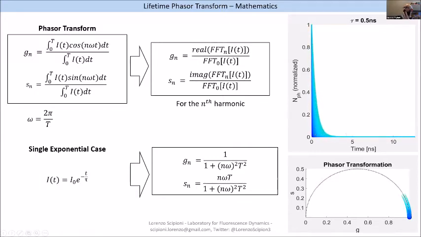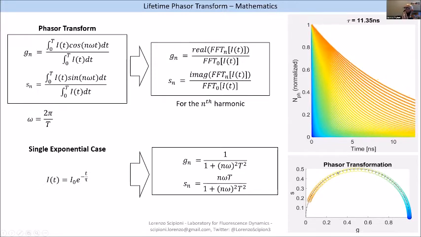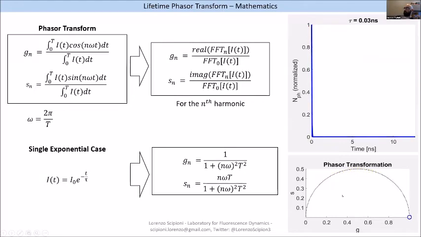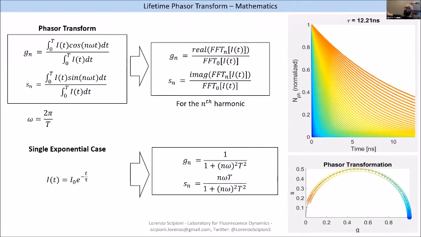And then the longer the fluorescence lifetime becomes, the more this will shift along this universal semicircle until you will have something that is practically flat that will be exactly at 0, 0, right? This is what happens when you transform that.